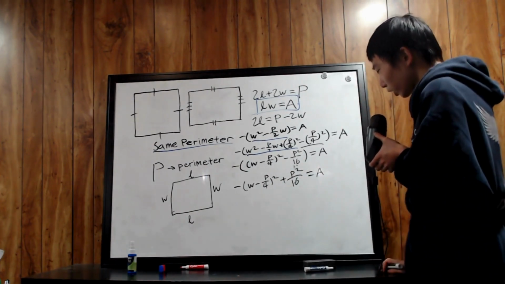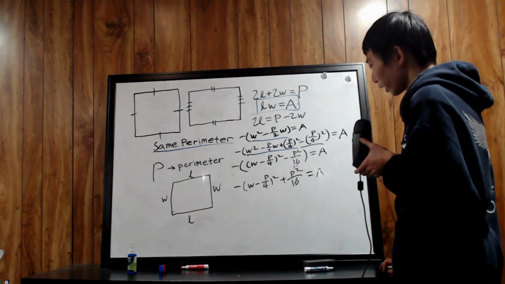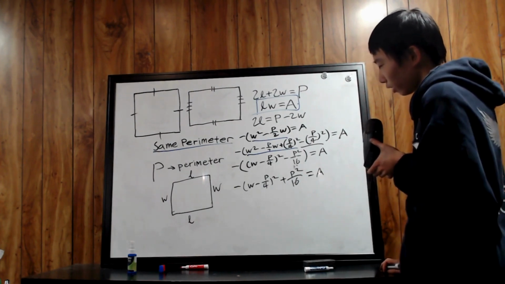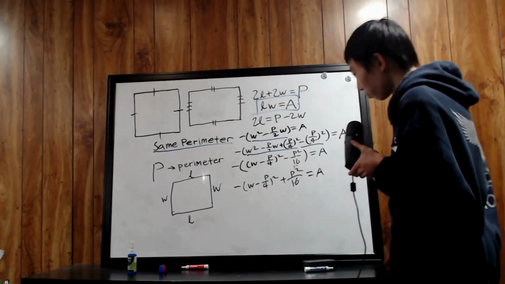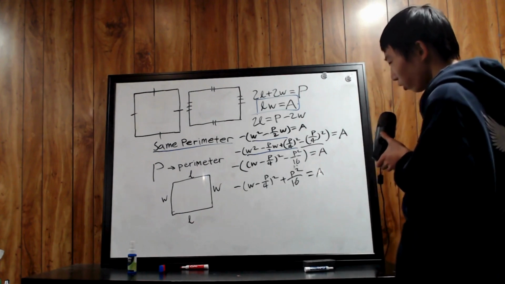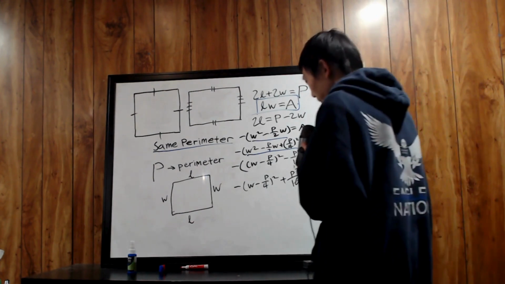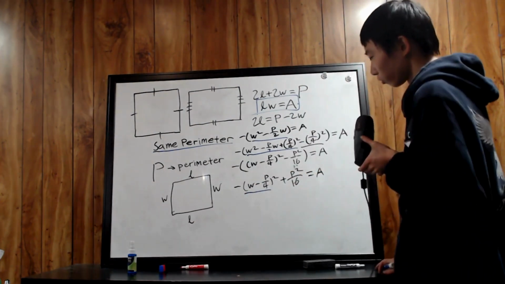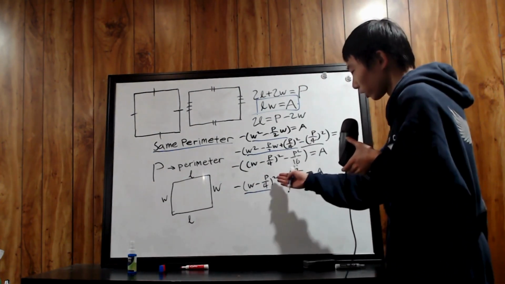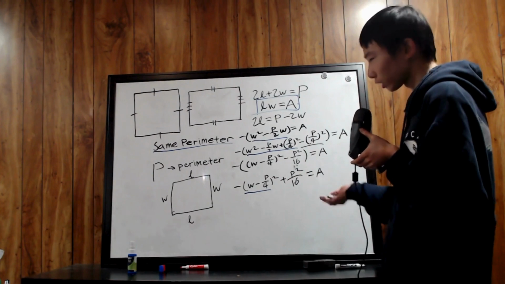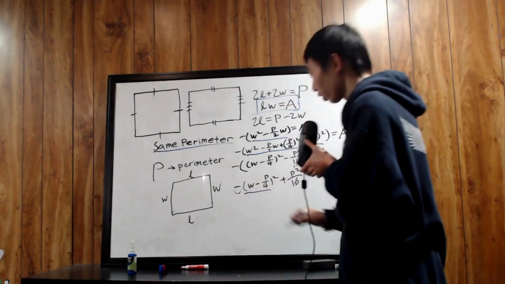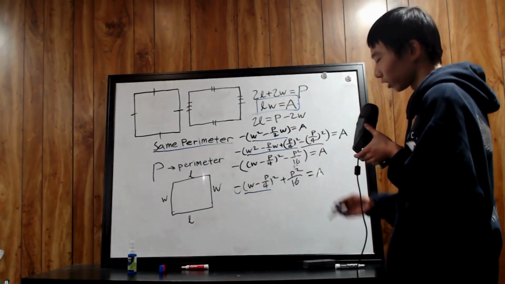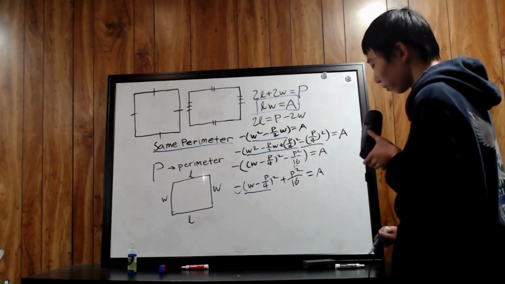Now consider this. This is just a quadratic maximum or minimum problem. What value of W will maximize A? In order for it to be maximum, the inside of the bracket needs to be 0. Notice that there's a square here, so it's always going to be positive, but then there's a negative sign, so the whole term is always going to be negative. So you need to make this 0 to make it maximum.